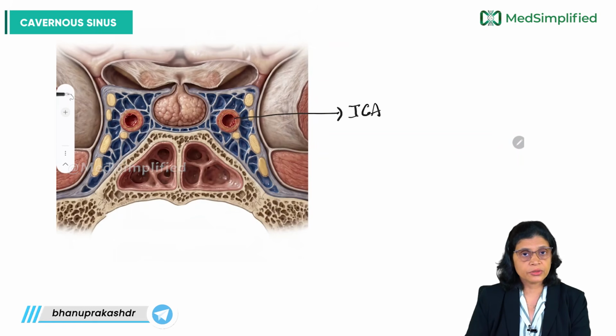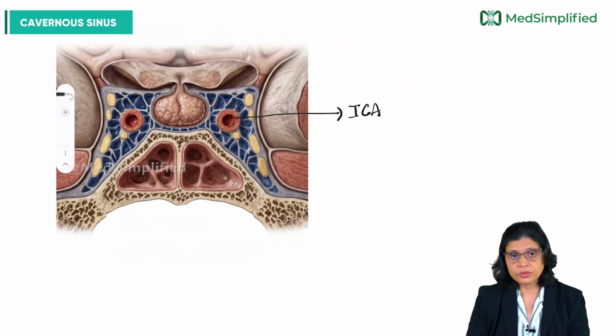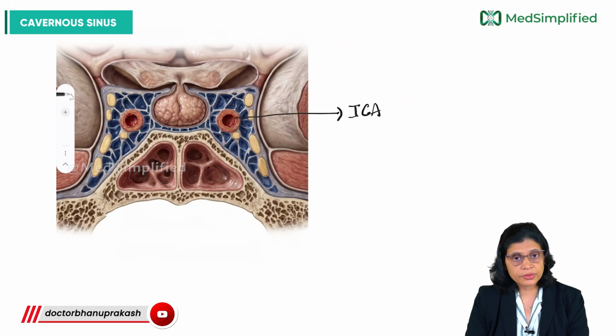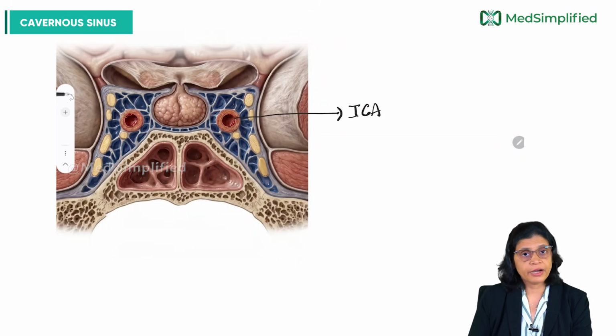This internal carotid artery enters the cavernous sinus near the apex of the petrous part of the temporal bone, passes through the carotid canal, runs through the cavernous sinus, then pierces the roof, where it further divides into branches.